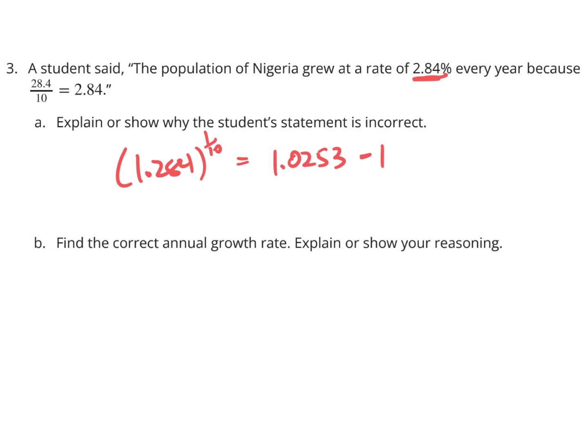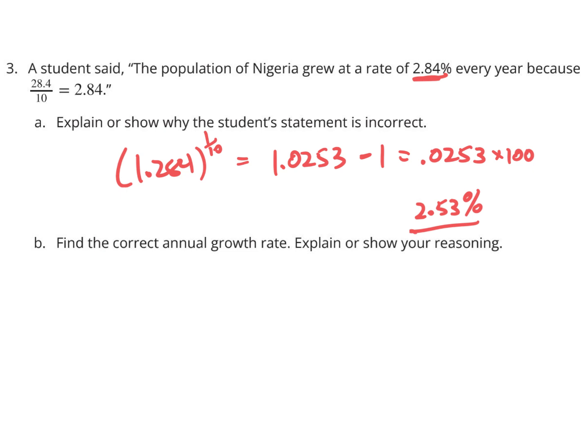So if I subtract 1, which is 100%, I get 0.0253. Then to go from a number to a percentage, I multiply by 100, I get 2.53%. This is the increased percentage each year.